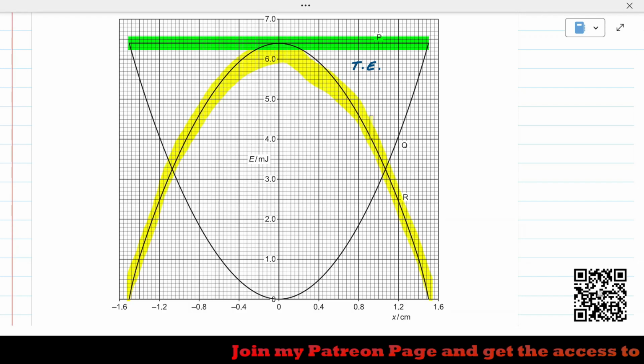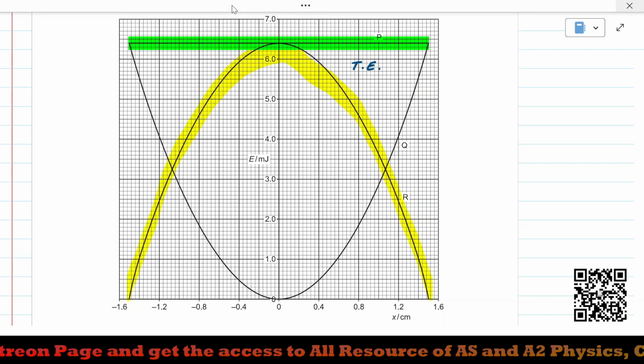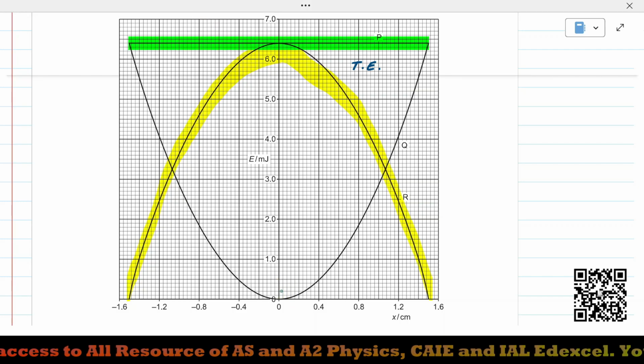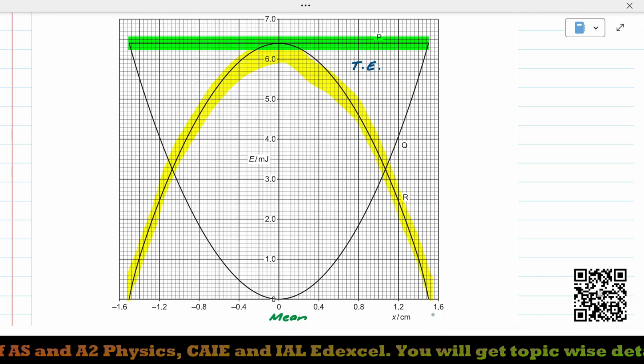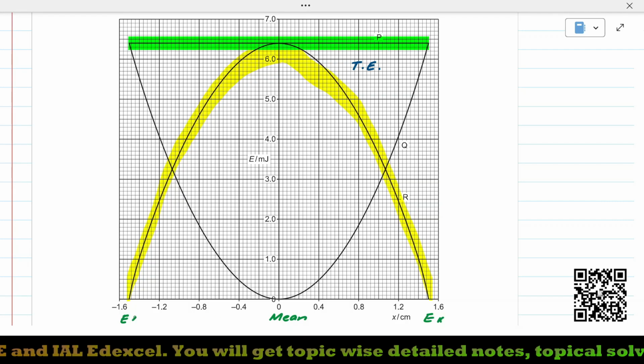Okay, then we have a certain energy which is represented by this curve, as you can see over here. This is an energy which is maximum at the mean position. This one is mean position, the central one. This one is extreme position. This is also extreme position.